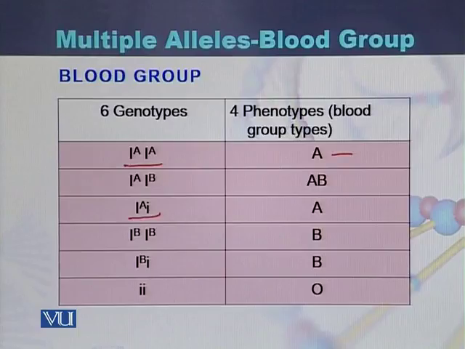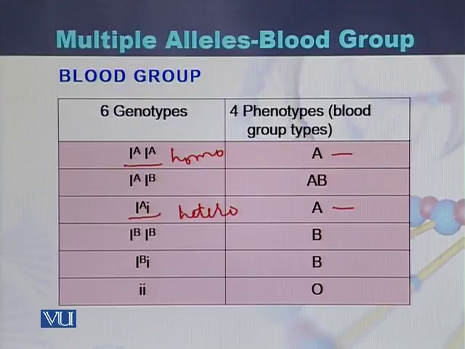Here one is allele A while the other is allele O. So this is in heterozygous form, but the phenotype will be the same, that is A. So blood group A has two genotypes, one in homozygous form and one in heterozygous form. Same is with blood group B.